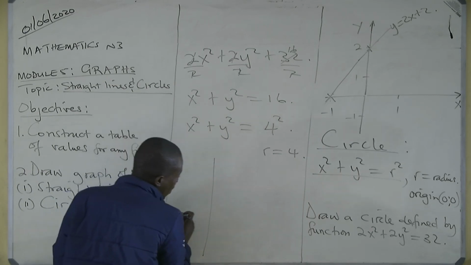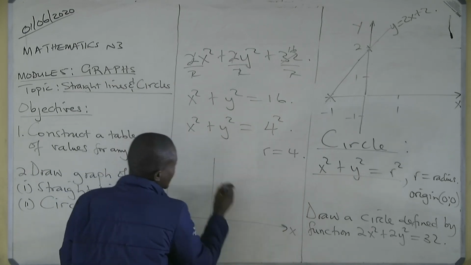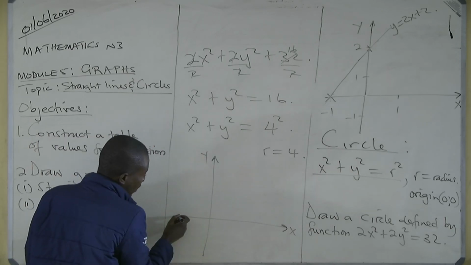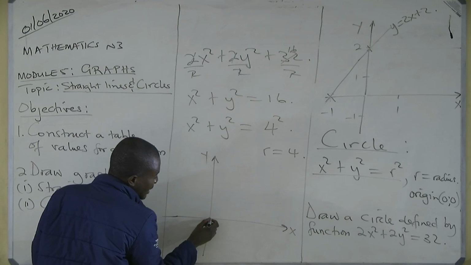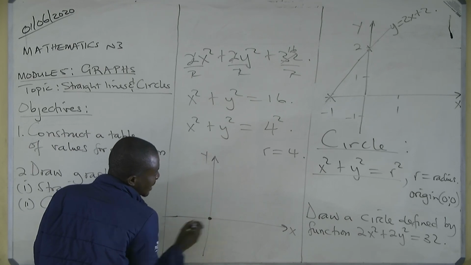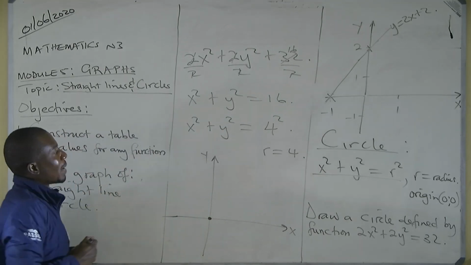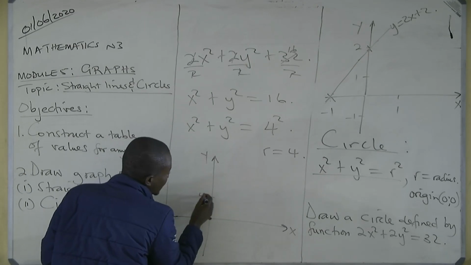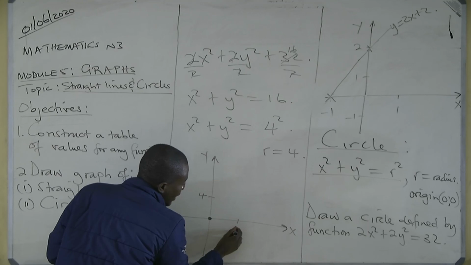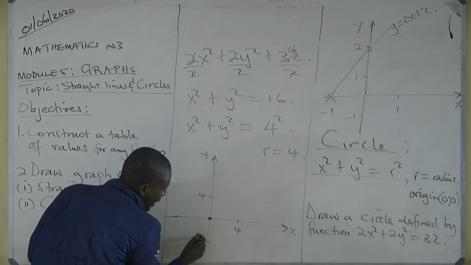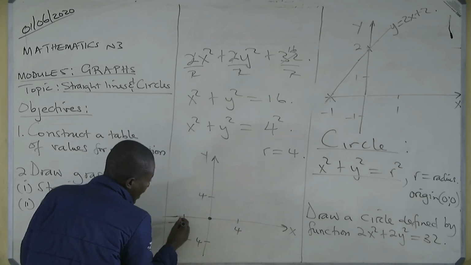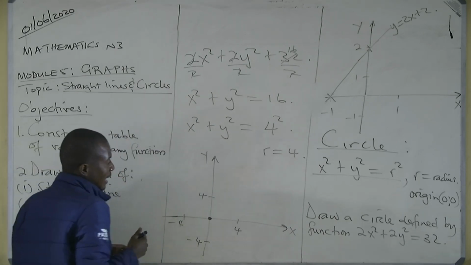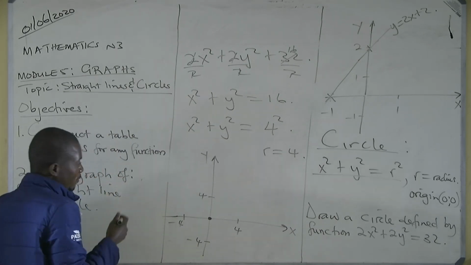The moment you have that, you can now draw your x-axis and your y-axis. Because this is a circle with its center at the origin, its center is there. But the radius is going to be 4, so you mark here a 4, another 4, then another 4, then another 4, to make sure that you've got the radius.